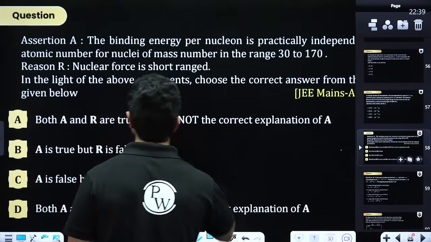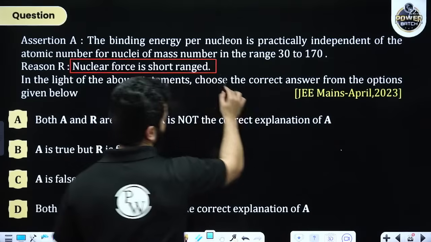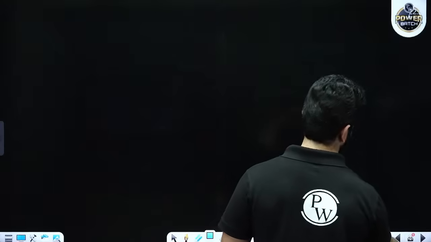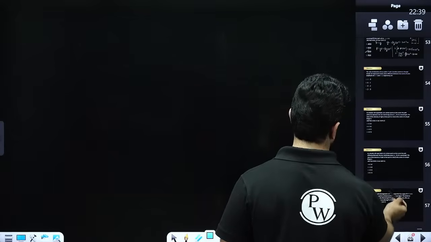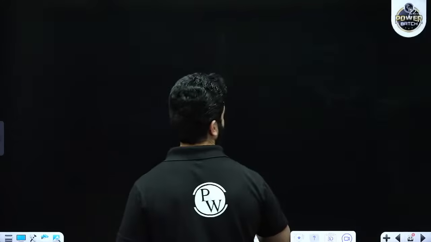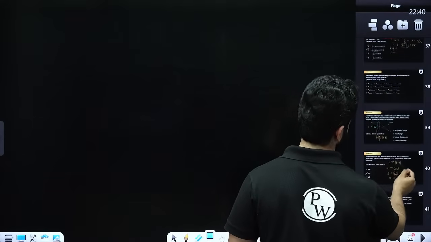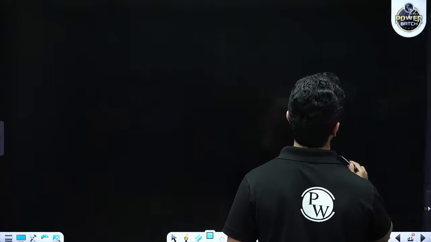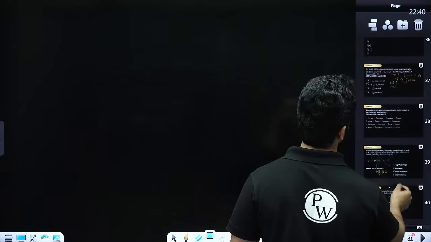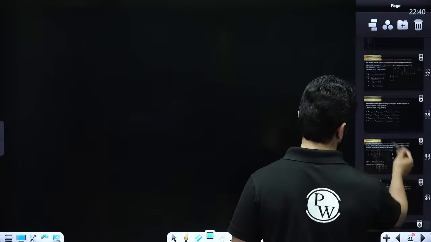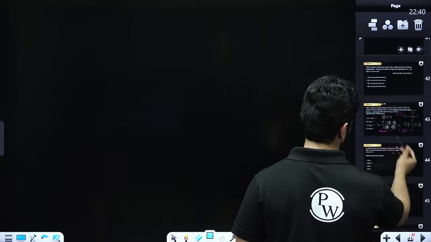So nuclear force is definitely short range, no doubt about it.